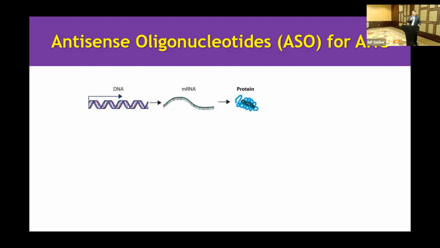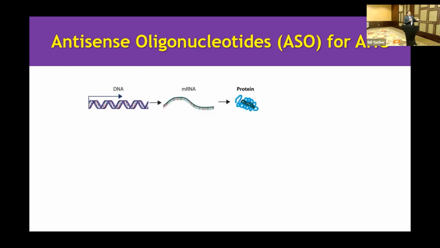First is the antisense oligonucleotide study. For those of you who don't know, these are small synthetic pieces of DNA, or RNA and DNA combined, that interfere with the ability of a cell to manufacture the protein encoded by RNA. This figure illustrates what we call the central dogma of molecular biology: DNA contains the instruction set.